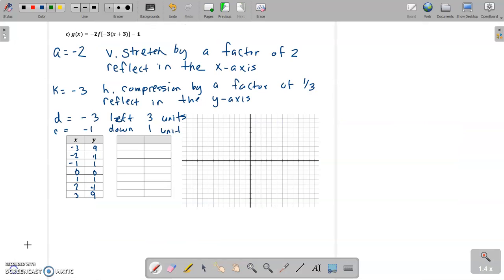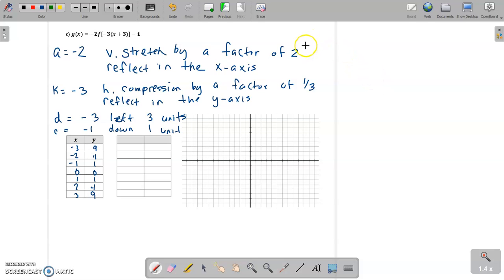All right, so hopefully you've looked at this function before starting the video. If not, stop it and maybe go back. But if you look here and identify the different values and what they do to the original function, how they transform it, you can see your a is -2 and you've got a vertical stretch by a factor of 2 and reflection in the x-axis.